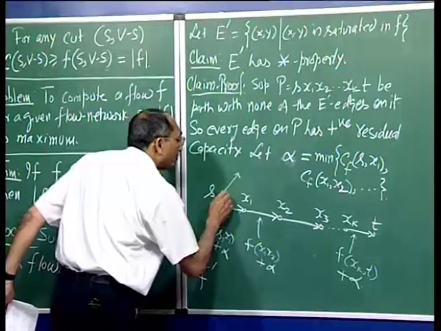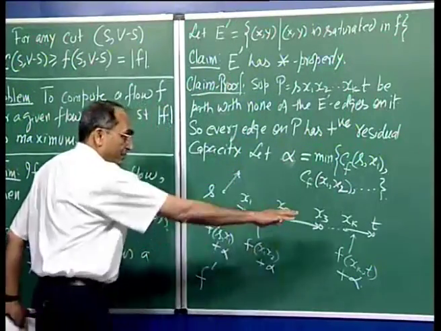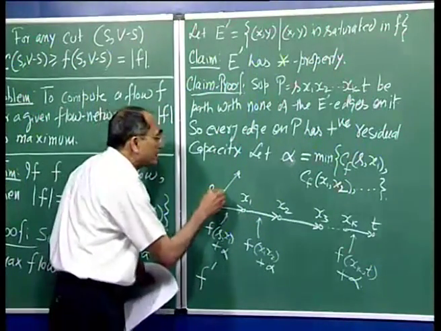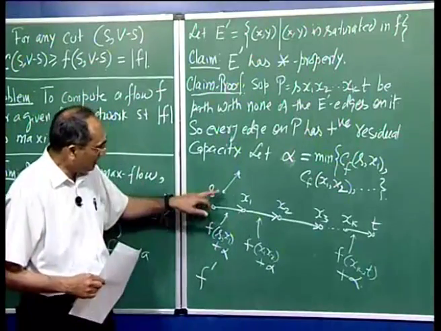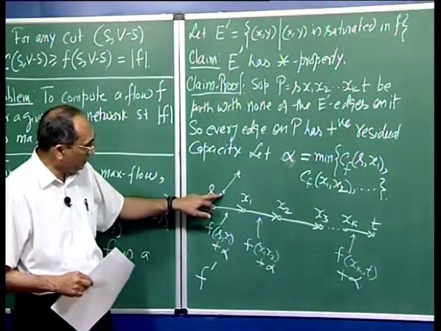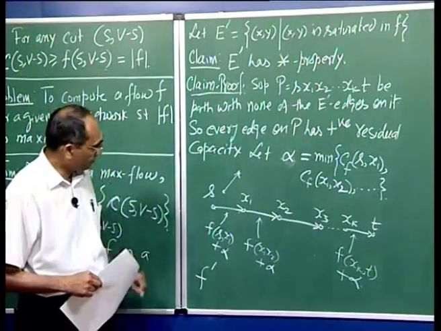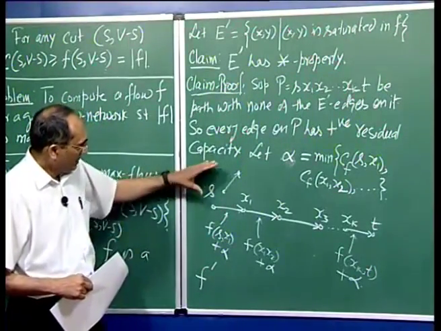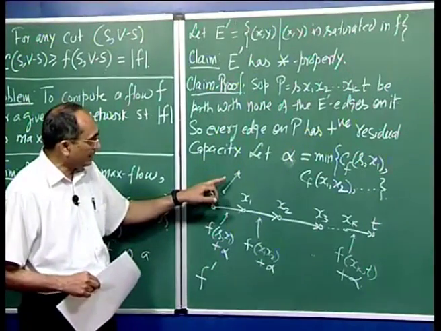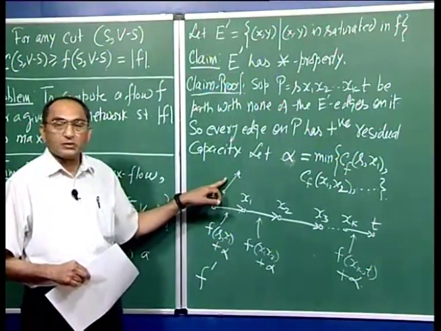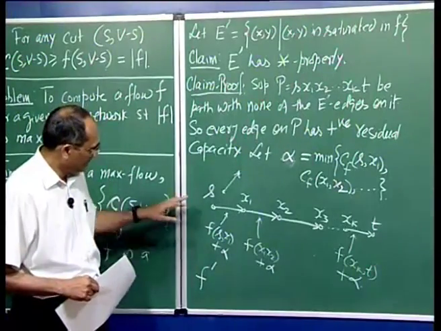If the two end vertices of this edge are different from these, then the Kirchhoff's law on these vertices remains valid, because we are not changing any of the flow going into it or leaving it. The capacity constraint, namely the flow should not exceed the capacity, is also unaffected.